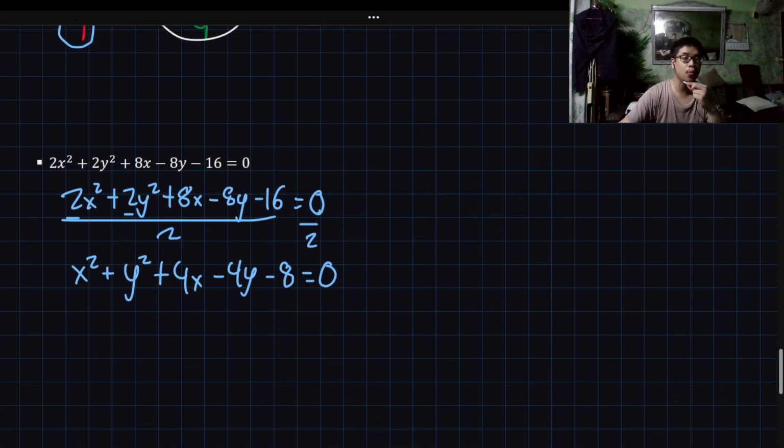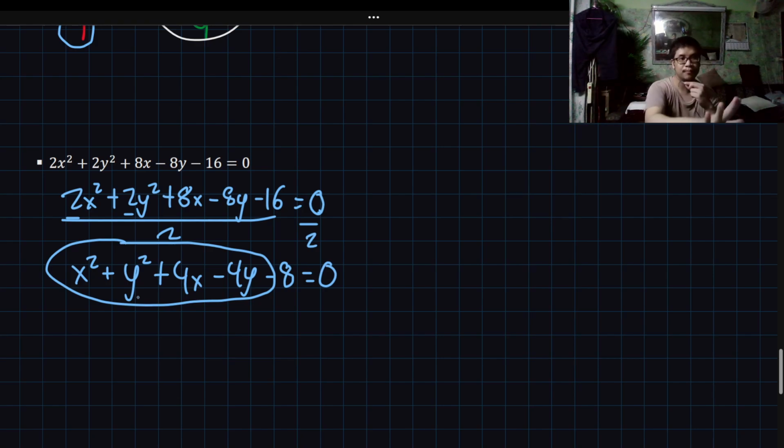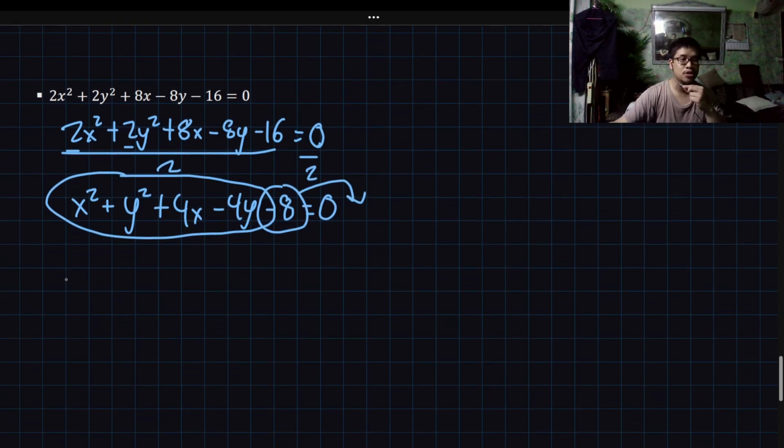So these four, x squared, y squared, 4x, and negative 4y will be put on that side, while the constant term, negative 8, shall be put on the right. So we will have x squared plus y squared plus 4x minus 4y is equal to 8.